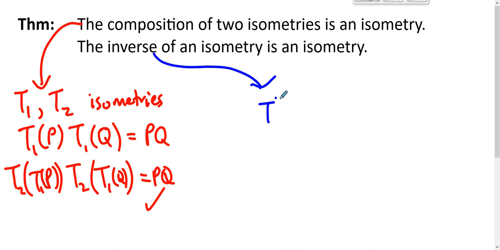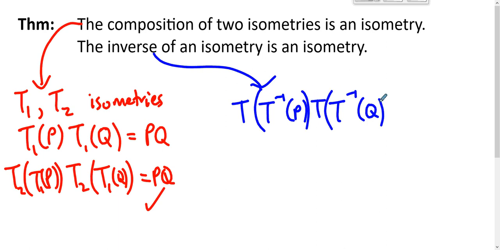The inverse of an isometry is also an isometry. So you have 2 points. You have the inverse of P and you have the inverse of Q, right? And so if you do the transformation T to each of those points, then the distance remains the same as the distance between the inverse of P and the inverse of Q, right?